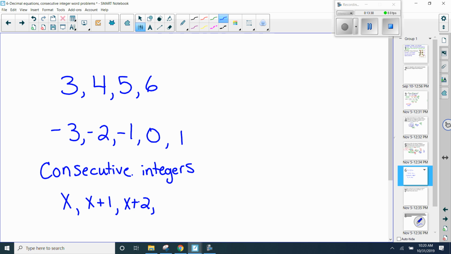Now I'm going to add another 1 to get to the next number, and if I add another 1 to x plus 2, what does that make it? X plus 3. So my next consecutive integer is x plus 3. And that pattern is going to continue. The next one would be what? X plus 4. The next one would be x plus 5.